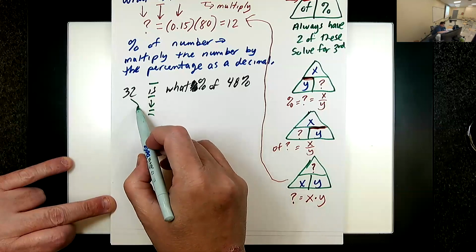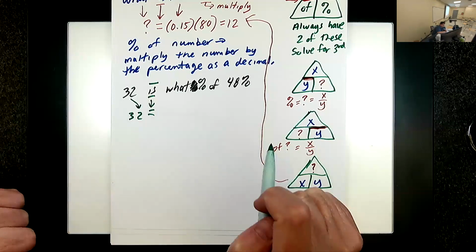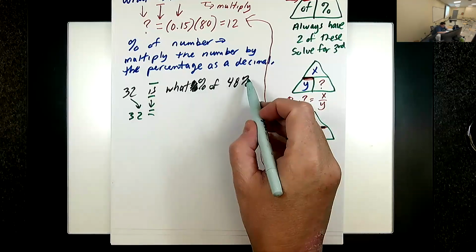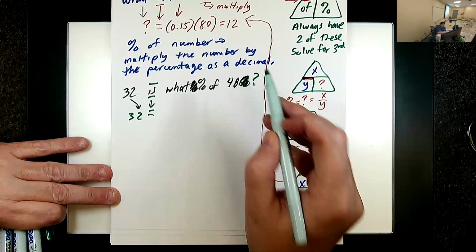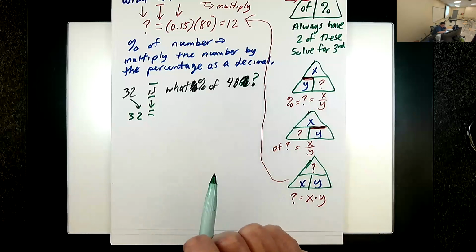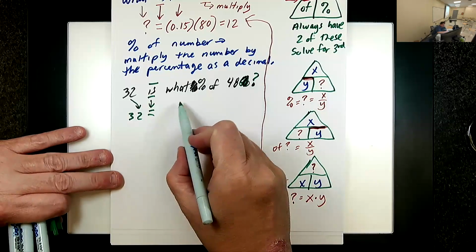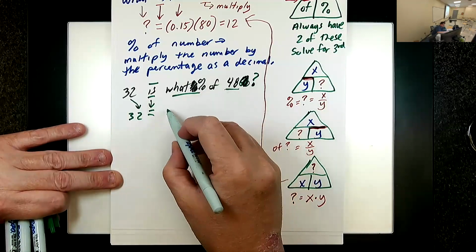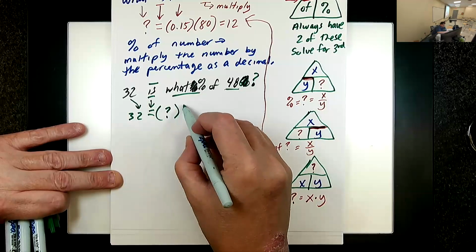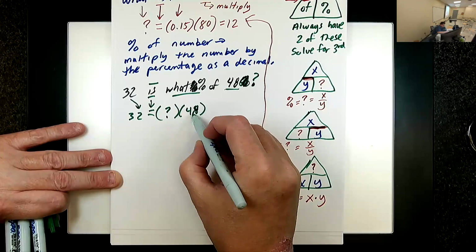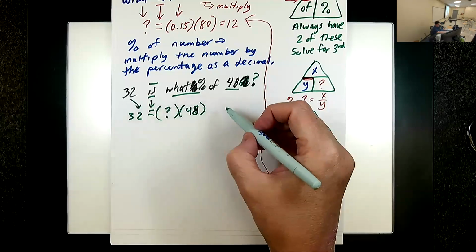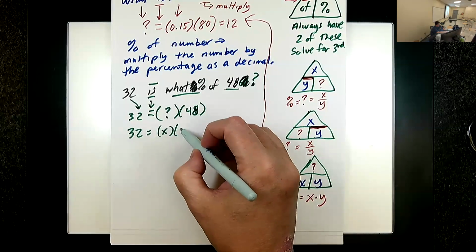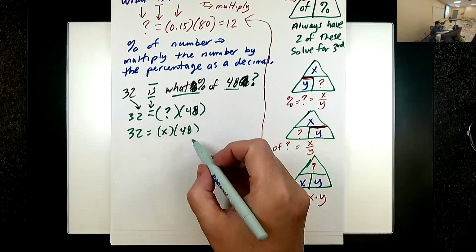And my 32 is on the left side of that equal sign, so we'll put that there. And percent of, that should be a question mark right there. I wrote a percent symbol. This should be question mark percent of 48. So these, like in the last one, should be multiplied together. I don't know what it is, but I'm going to multiply it by 48. And if you want, we can use X, if you don't like using question marks.